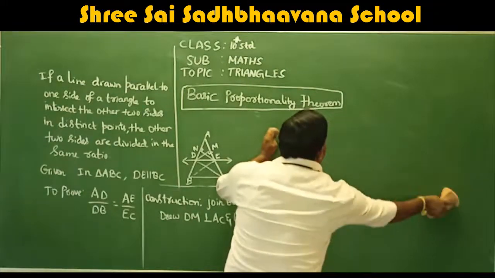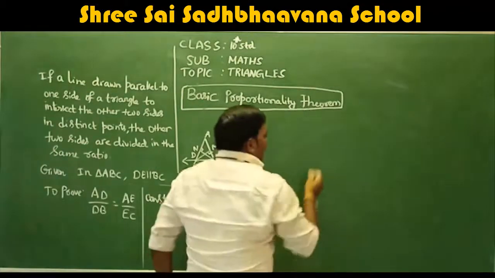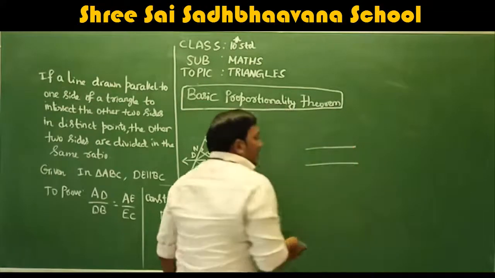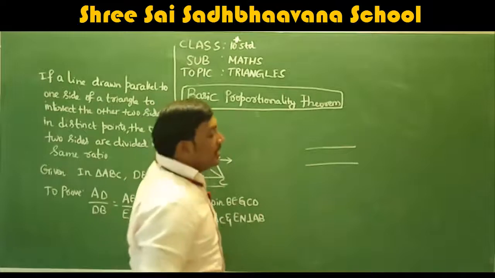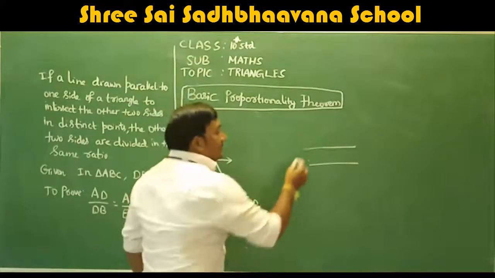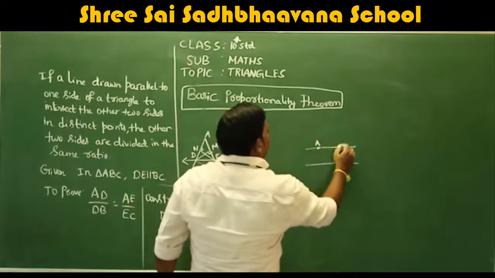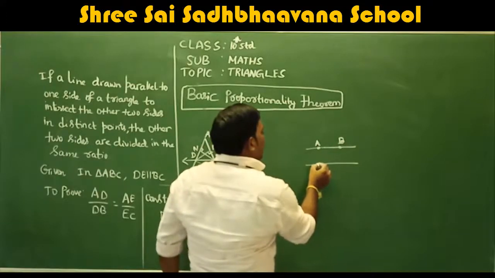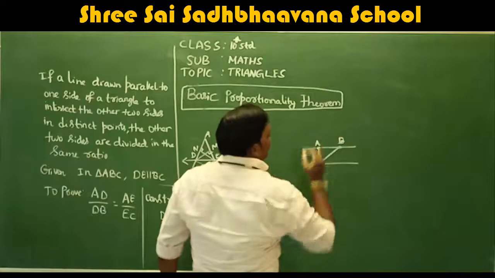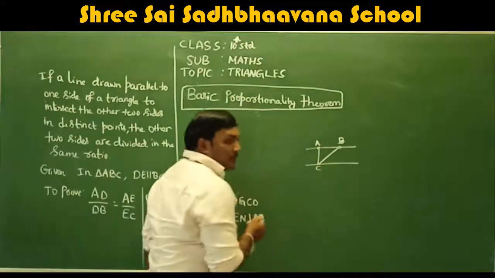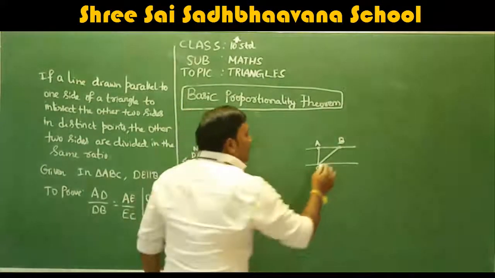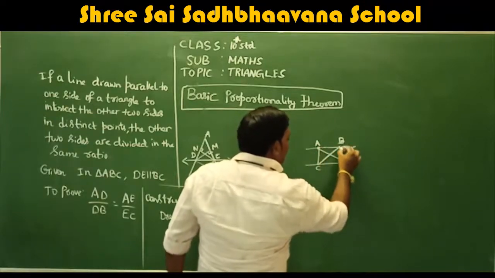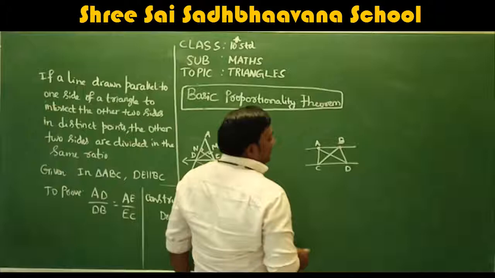That is, if you consider two parallel lines, let me consider two parallel lines, and let me consider this as A and this as B. So I just draw one triangle, ABC, and I am also drawing one more triangle, ABD.